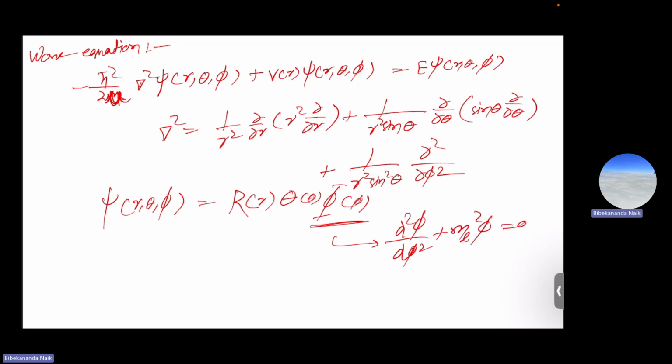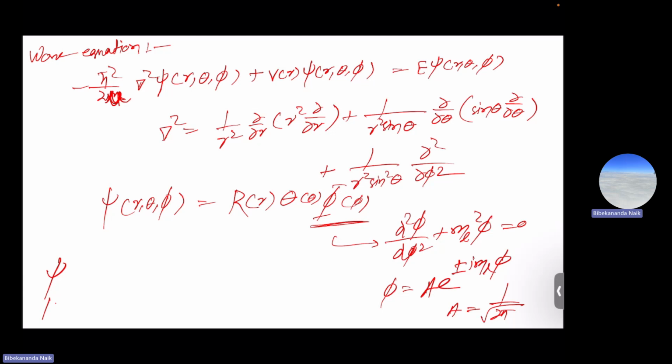And if you talk about its solution, we had discussed in the previous interactions also, the solution will be of the form A e to the power plus minus i m_l phi, where the normalization constant A will be 1 by root over 2 pi, because phi has limits 0 to 2 pi. Similarly, we can solve for the r part and theta part, and then we can get the actual wave function.